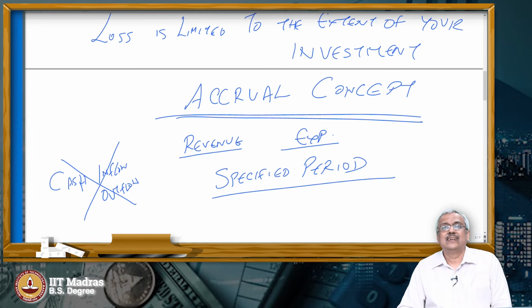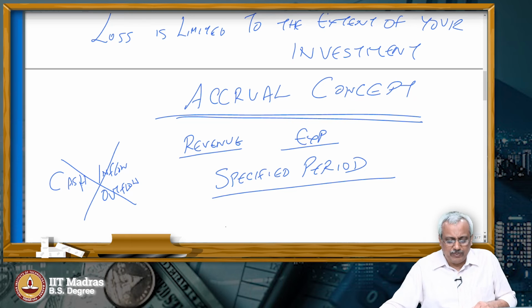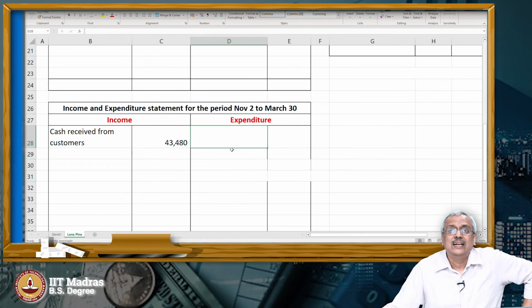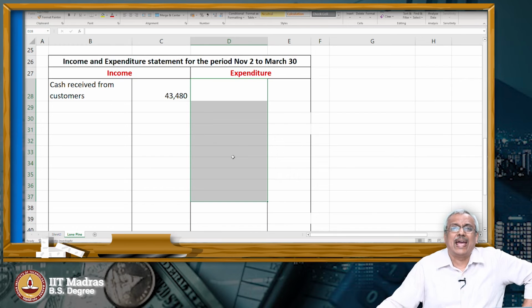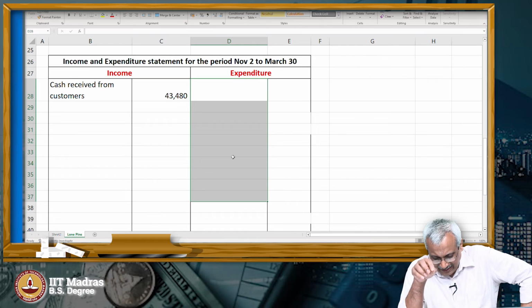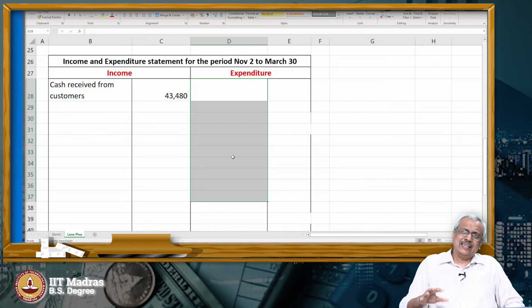That is, am I eligible to get it? Has the ownership transferred? Have I enjoyed the benefits? Now, what do I mean by that? For example, any aspect becomes an expenditure if I have enjoyed the benefits of it and I am liable to pay. If I have enjoyed the benefits between November 2nd and 30th of March and I become liable to pay, then it is an expenditure.